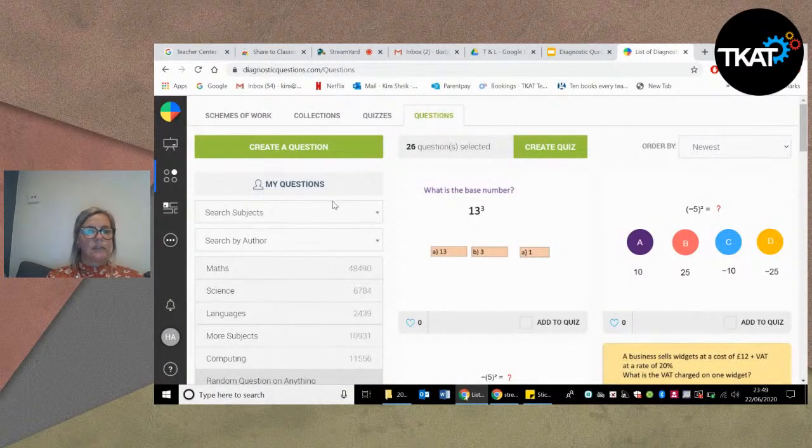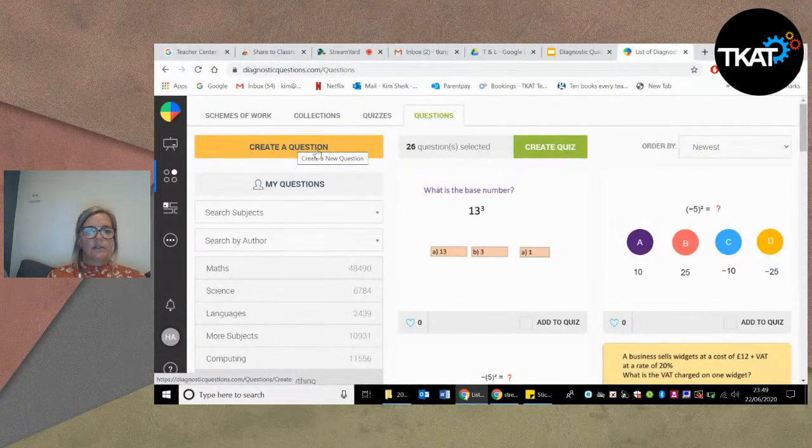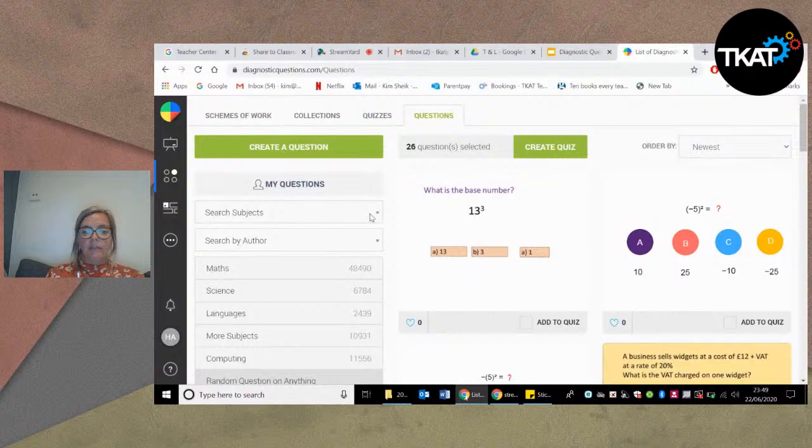So once you're logged in, this is kind of how the site looks. You can create your own questions and you can search by subject, and thousands of teachers have already created questions. You need to sort through these because some are really good and they've been created well and others not so well.